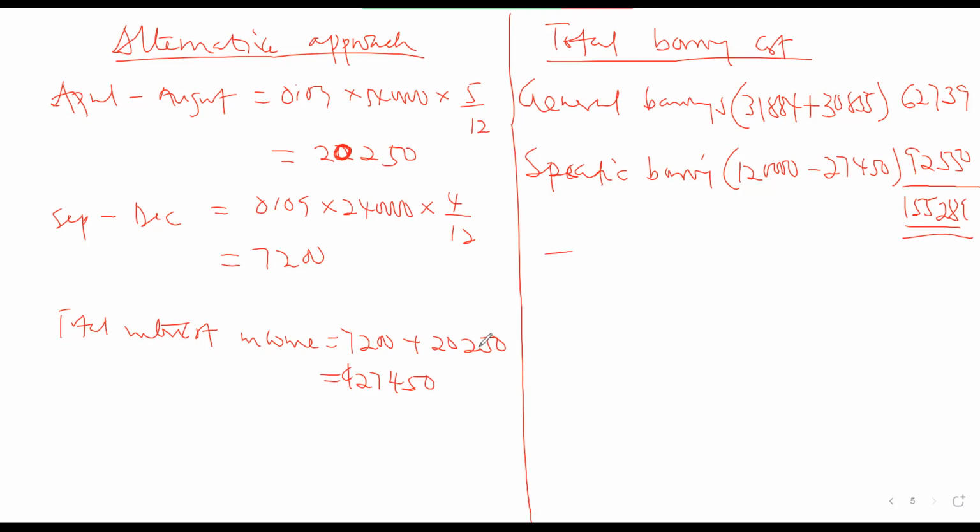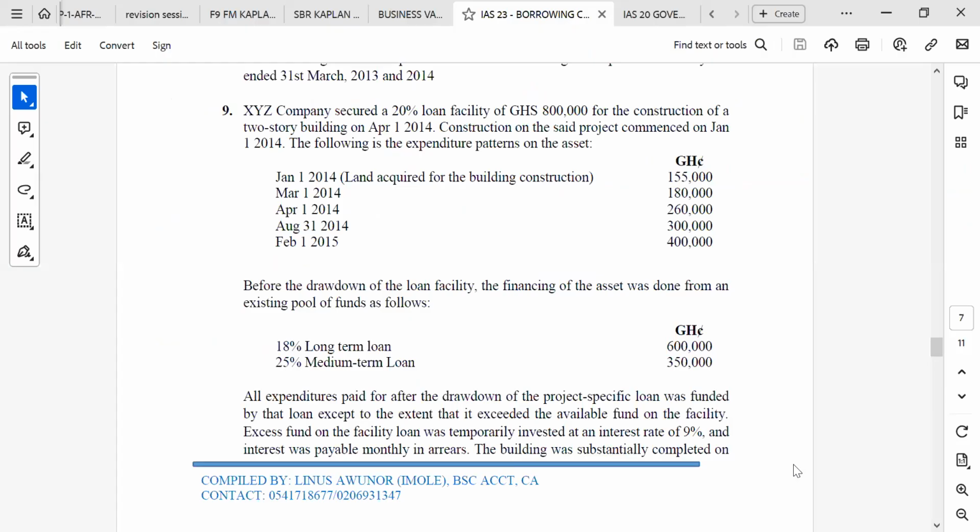Let's look at the total cost of the asset. The cost of the asset will be the amounts that we have spent so far. What is the total amount spent so far? It is land and building.